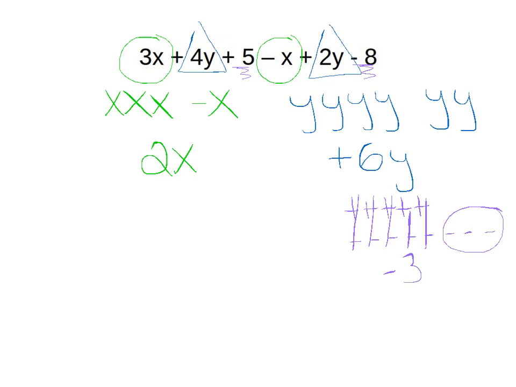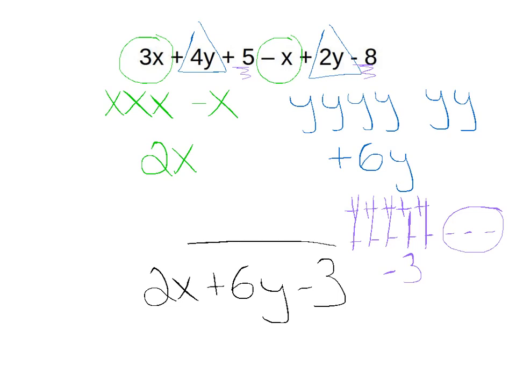Now, we can write these as a simplified expression of 2x plus 6y minus 3. This will be our final answer. We can't combine the terms any further because x's and y's are not like terms. Pause the video now to copy this example problem down into your notes.